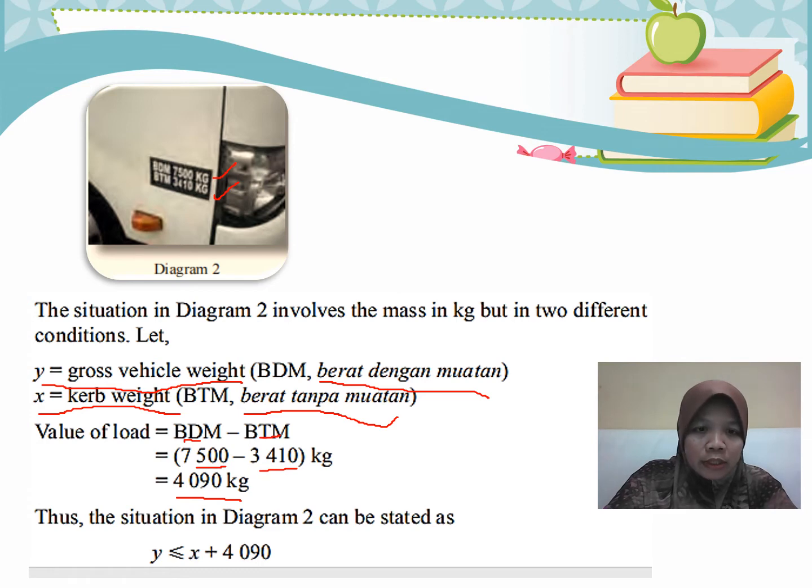Thus, the situation in diagram 2 can be stated as y less than or equal to x plus 4090. So we can write one inequality from the situation, where y is less than or equal to x plus 4090.